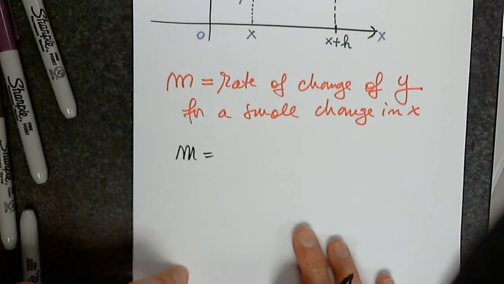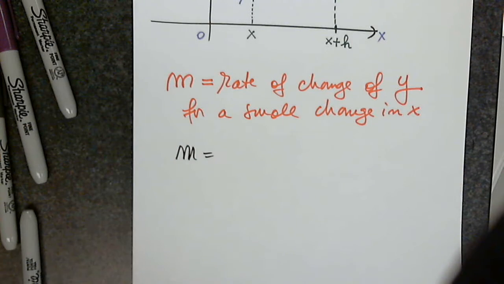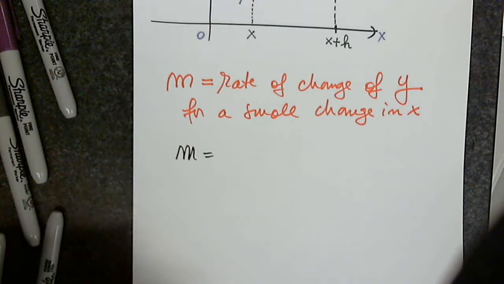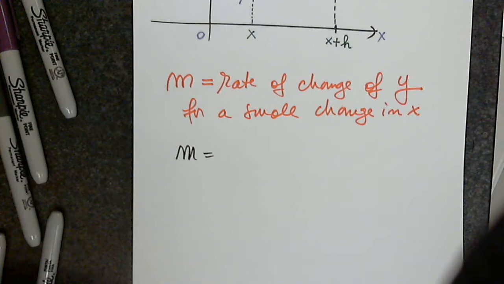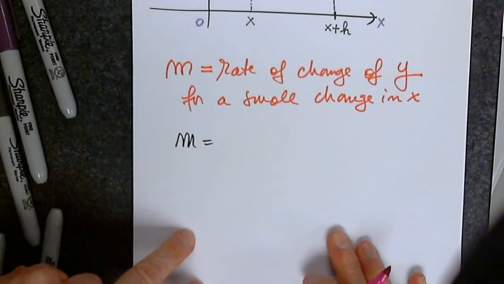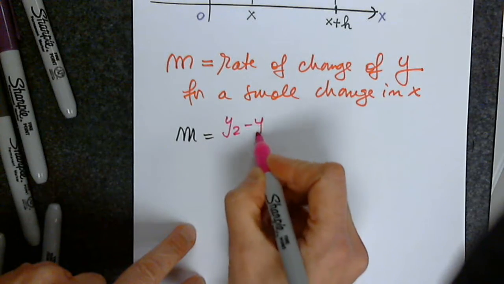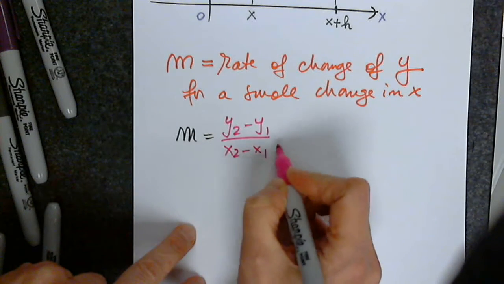I can't invent another. I would be getting a big prize if I would be able to invent another. There is only one. What is it? y2 minus y1. Awesome. Good.